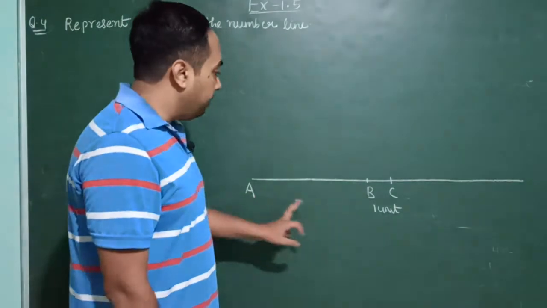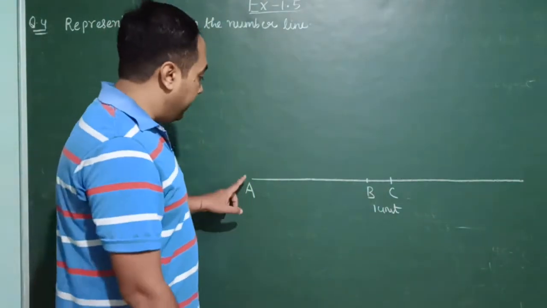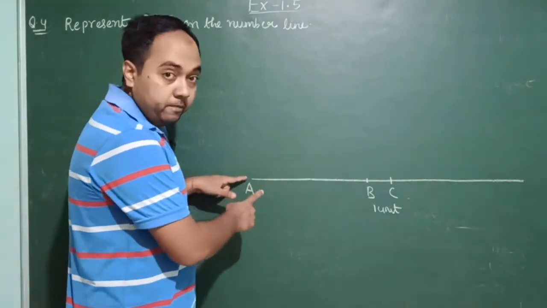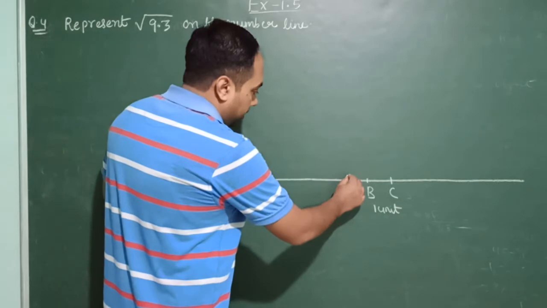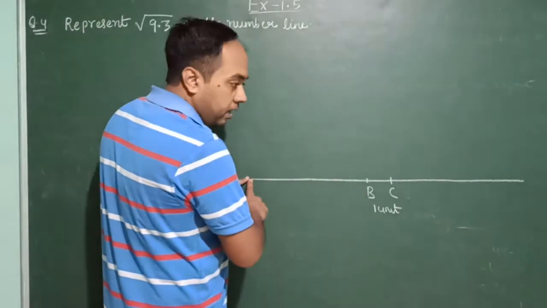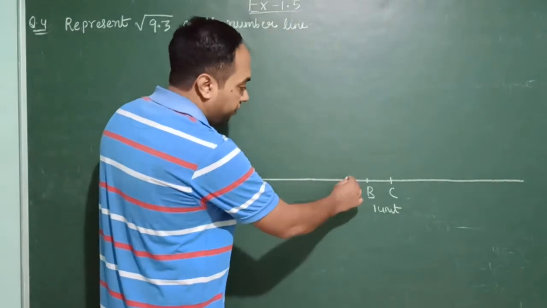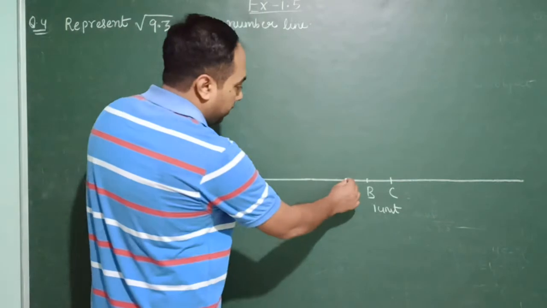Now how to find the midpoint of segment AC? Pick your compass, place the needle of the compass at point A and extend your compass up till here. Take an arc on your compass more than half of AC. Suppose needle is at point A and pencil is somewhere over here.